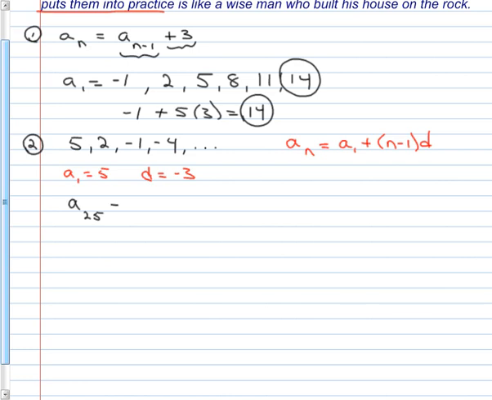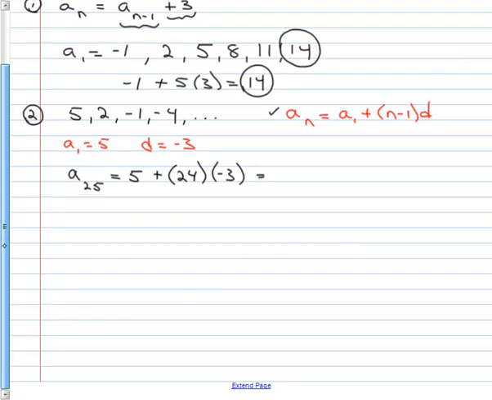A sub 25 would be the first term, just using our formula over here, 5, plus, well, 25 minus 1 is 24, so n minus 1 is 24, times our common difference of negative 3. I'll let you do the math. Negative 67. Negative 67 would be the 25th term.